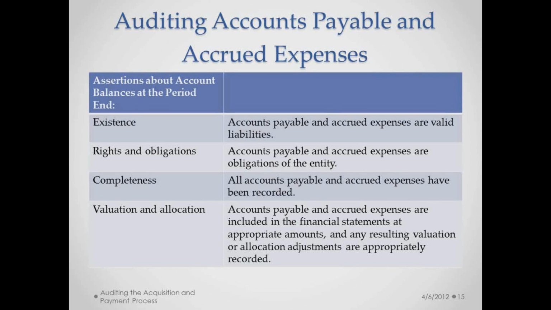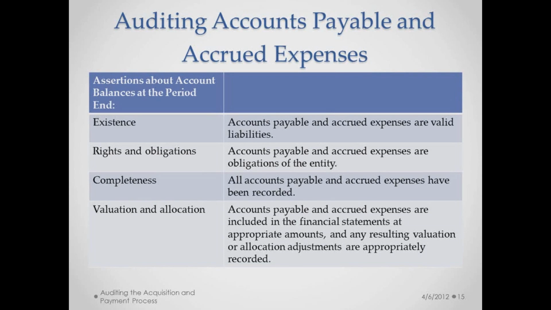Rights and obligations, obviously what you're looking to do is ensure that it's not a related party transaction, that it is for third parties. The other thing that you also do is completeness. That's important, where you do a search for unreported liabilities. So you perform procedures here, because remember, with completeness, what you're concerned with is ensuring that all valid transactions have been reflected in the financial statements or the books and records.